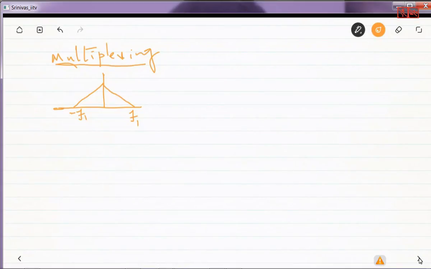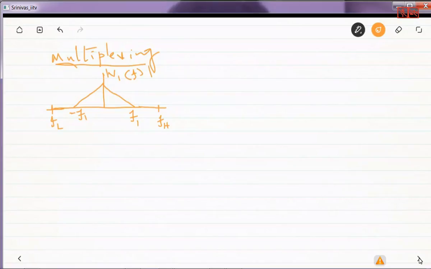Say this is FL, this is FH, and this is signal 1, say V1 of F. There is a message signal V1 of t, and we are computing its Fourier transform.